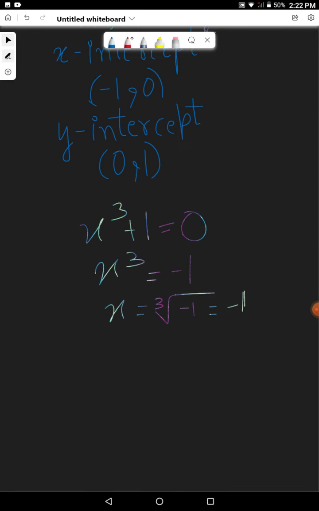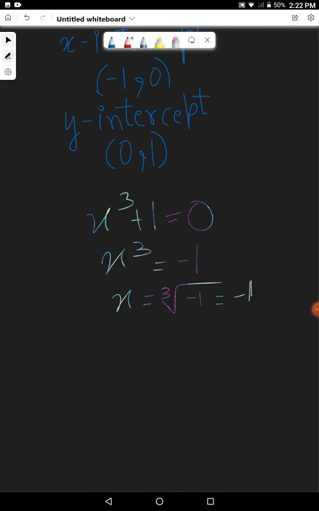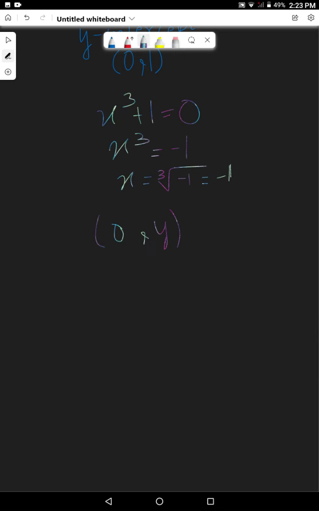Now, the y-intercept. So what is the y-intercept? It is a point on the y-axis through which the curve passes. It will be of the form 0 comma y, since it is lying on the y-axis. So what will you do to find the y-intercept?